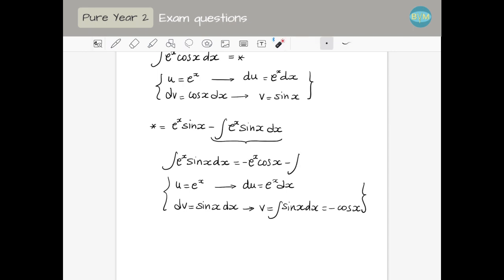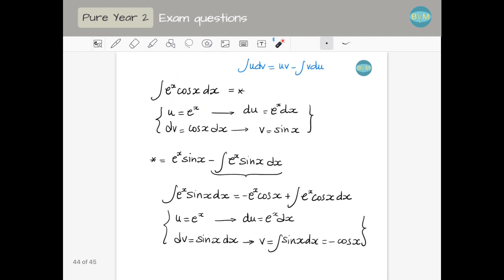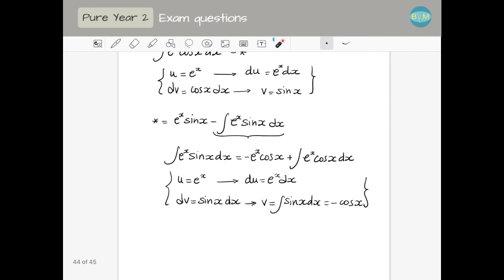V is cos x, minus, and I have a plus here because I have the minus from the formula and the minus here, it becomes plus e to the power of x cos x dx. And this, if you notice, is the same as what we have at the beginning. So what is happening is this integral here, using parts, is this bit here. And this is going to be this one.